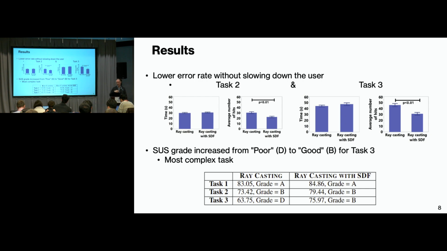And also in the questionnaires, we got a better usability rating for the signed distance field technique from the SUS, the simple usability, I got the acronym wrong, SUS questionnaire. We basically got a good grade for the interaction instead of a D, which was naive raycasting.